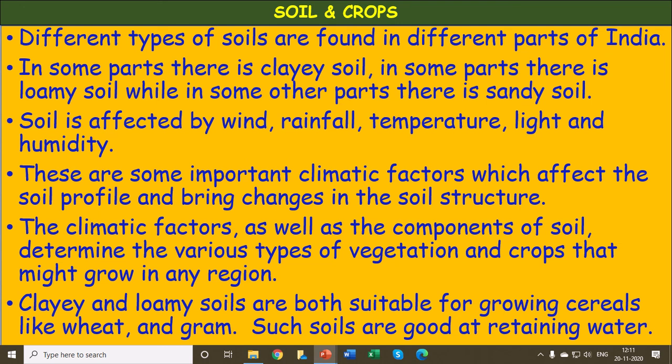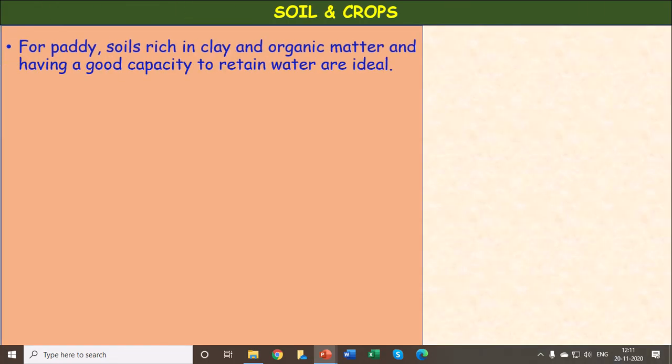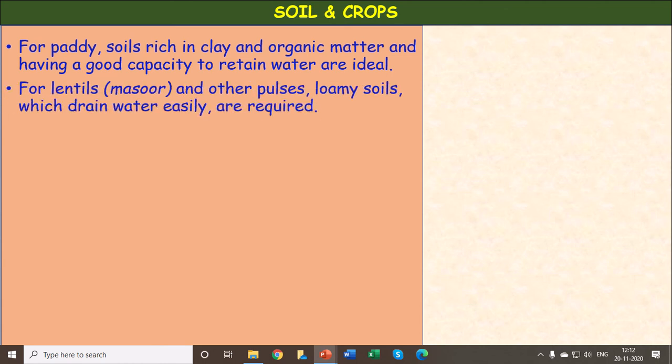For paddy, soils rich in clay and organic matter and having a good capacity to retain water are ideal. For example, for lentils or masoor and other pulses, loamy soils which drain water easily are required.